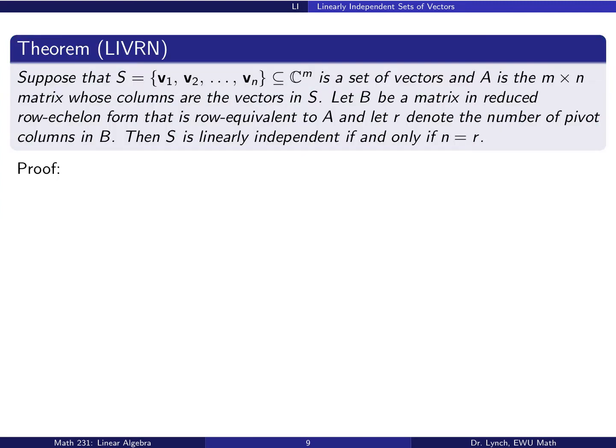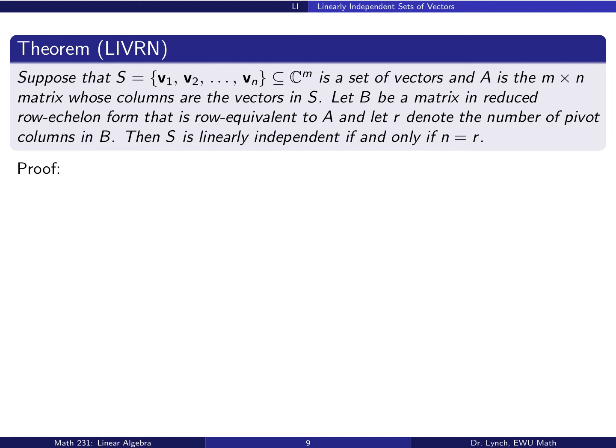Okay, since linear independence of vectors is related to a certain homogeneous linear system, and we know that solutions of a homogeneous linear system are related to whether the number of pivots is the number of variables, we have a theorem here.